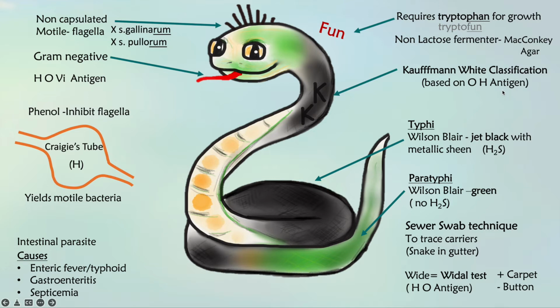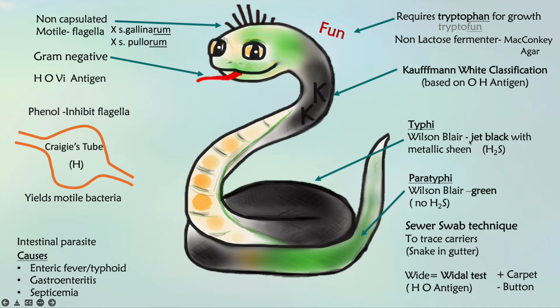So let's talk about the culture media for Salmonella. Salmonella typhi in the Wilson-Blair culture media creates jet black colonies with a metallic sheen. This is represented by the black body of the snake. The culture media name is Wilson-Blair.